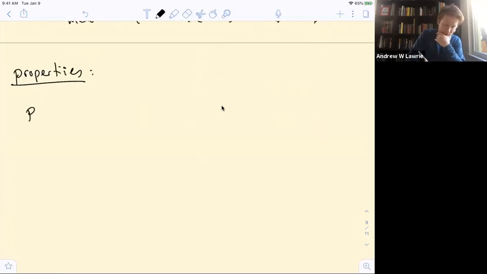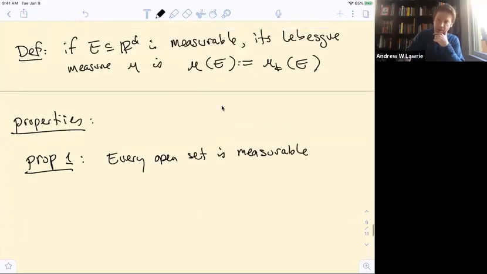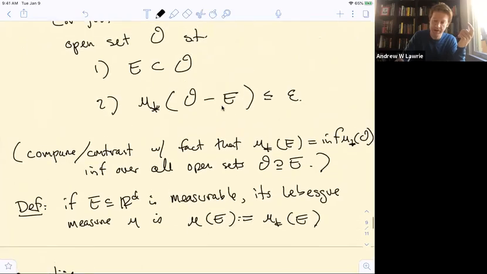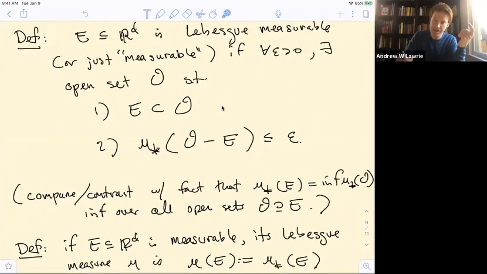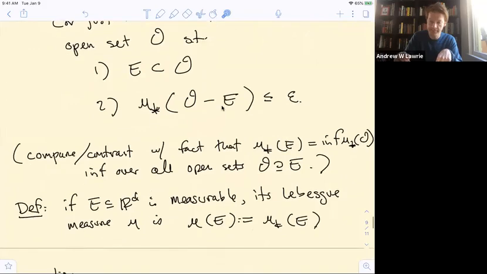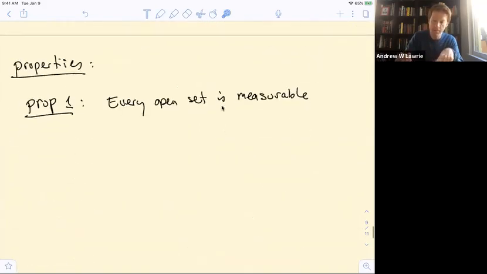Property 1. Every open set is measurable. Obviously from the definition, because we could just take this open set O to be E itself, and then it would contain it, and we'd be just taking the exterior measure of the empty set here. So every open set is Lebesgue measurable.